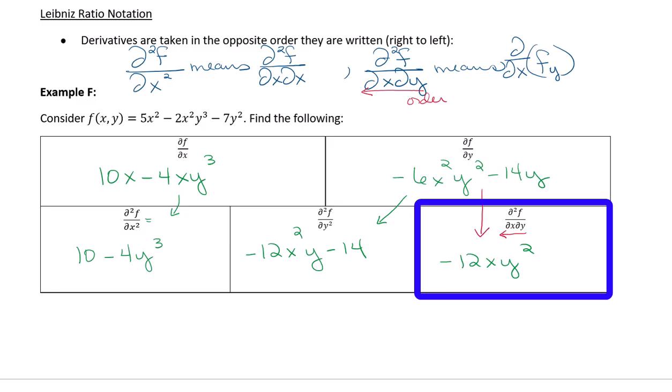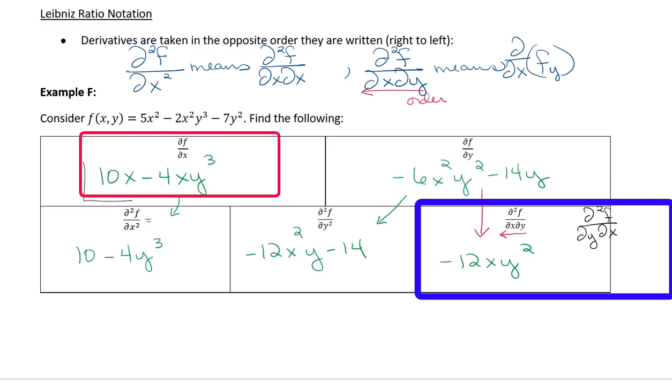Also note, if we were to do the second partial derivative where we did the y second and the x first, looking at this derivative over here, if we did that in terms of y, we would also get negative 12x y squared.